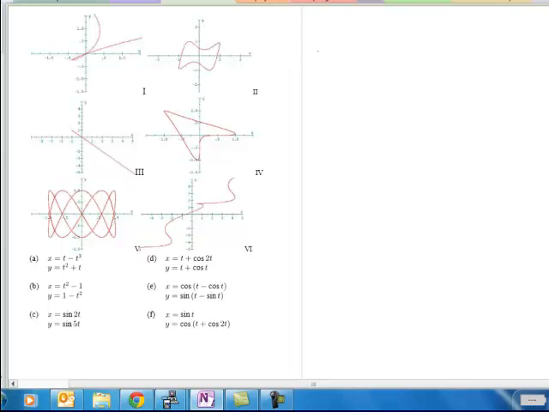So let's look at b. Both a and b don't involve anything with sine and cosine. So that's one thing to notice, at least, right? But if we look at b, we've got x equals t squared minus 1 and y equals 1 minus t squared. The thing that's easy to observe, or at least relatively easy to observe on this one, is that x and y are opposites.